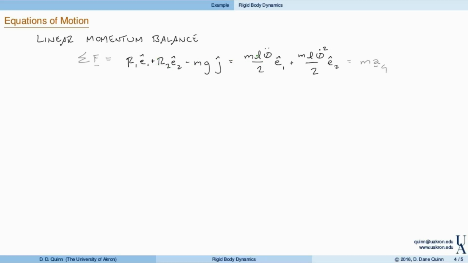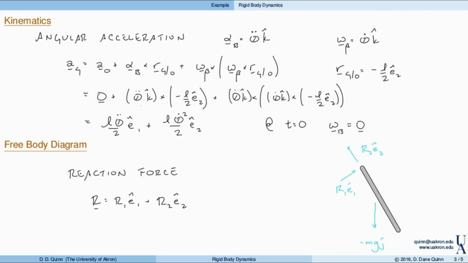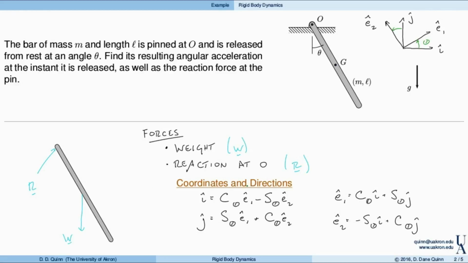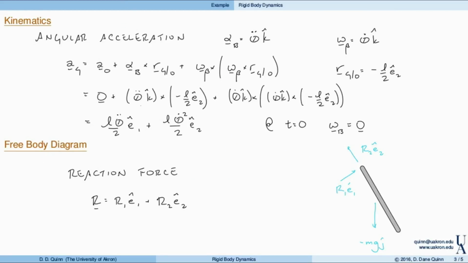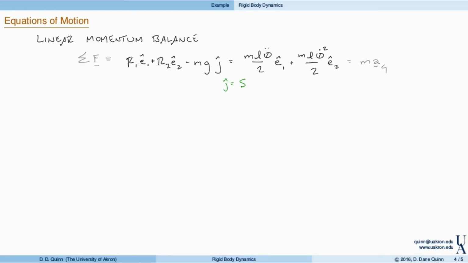So if I take components in the directions that naturally split the unknown variables, again, the algebra is going to be simpler. So let's go back and recall that j, from our description of the coordinates and directions, was sine theta E1 plus cosine theta E2. I'll just write that down to remind ourselves.